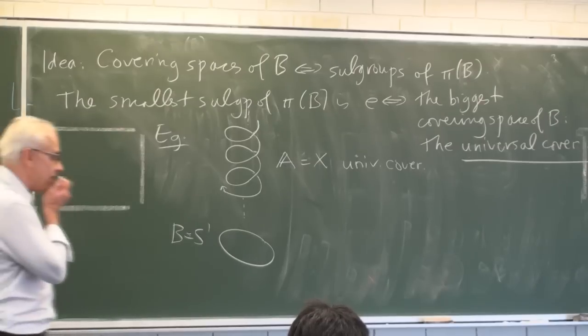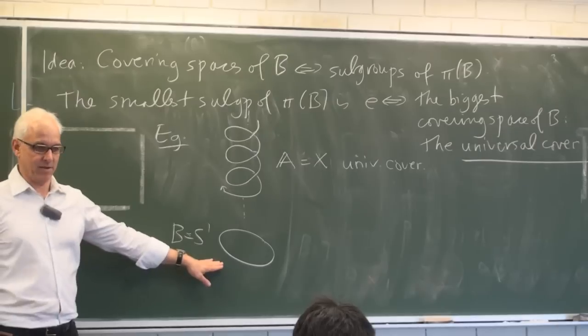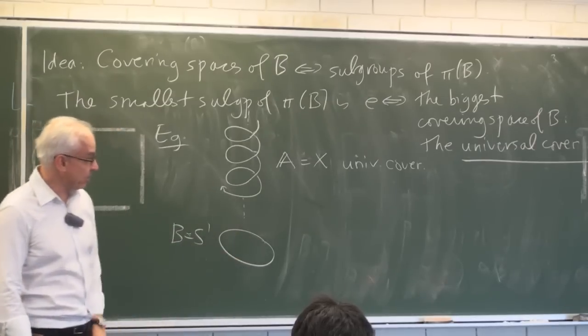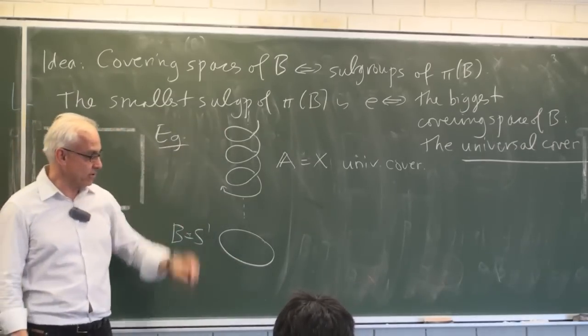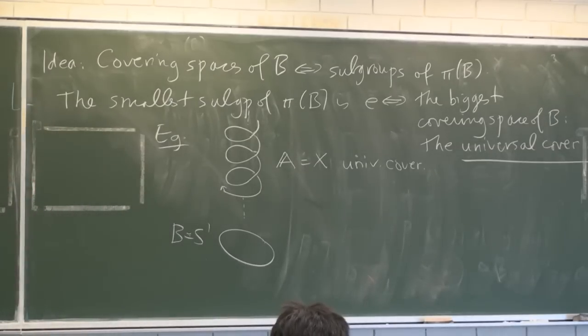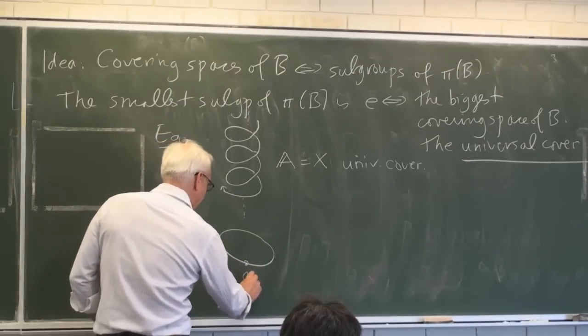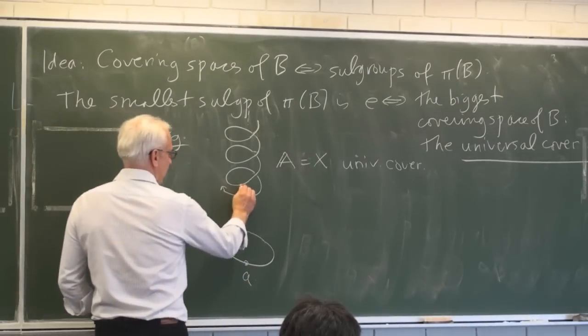How would we get this universal covering if we only lived in this space B? Suppose we lived in this space B and we were trying to imagine the universal cover. We didn't, say, have 3 dimensions to think about. Well, the idea is the following. Suppose we pick a base point, say A, and we're going to think of a base point here.